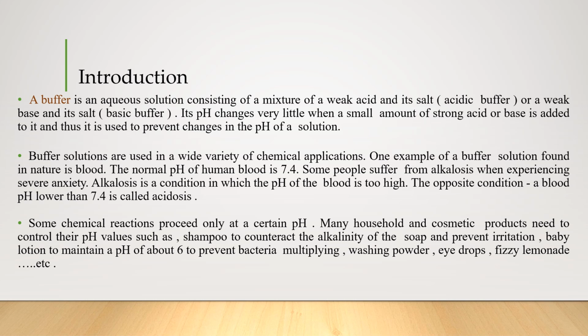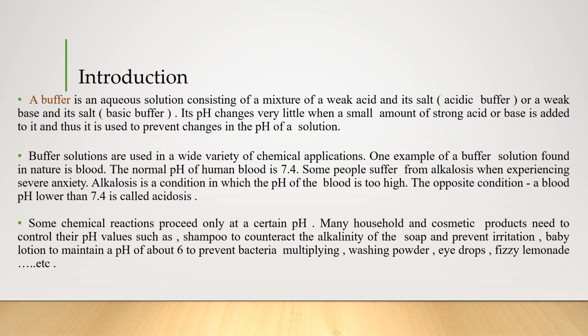One example of a buffer solution found in nature is blood. Human blood pH is 7.4. Some people suffer from alkalosis. In this condition, the pH of the blood is too high.